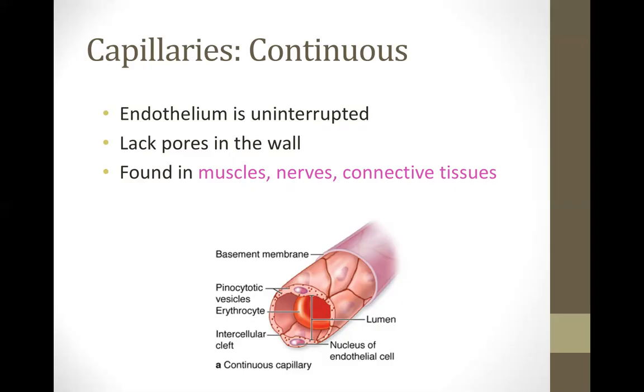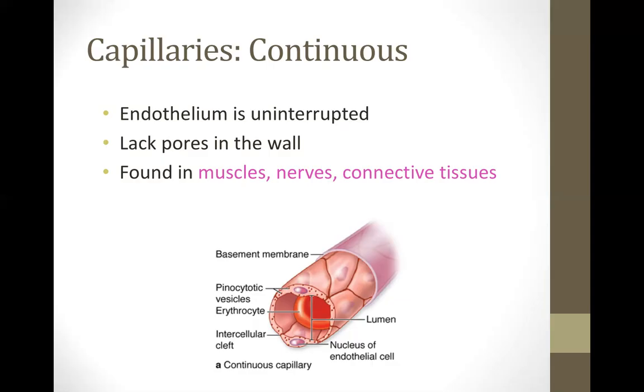Look at the continuous type of capillaries here. There is the RBC, by itself, because the diameter of the capillary blood vessel is only 5 to 10 micrometer. So RBCs go one by one. These are pinocytic vesicles, those are not pores. Then, this is an example of a continuous type of capillary.